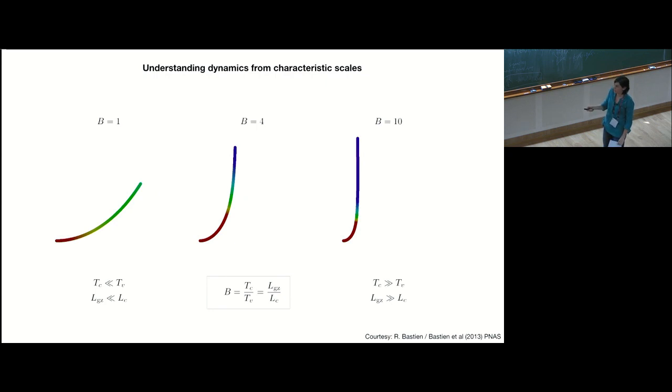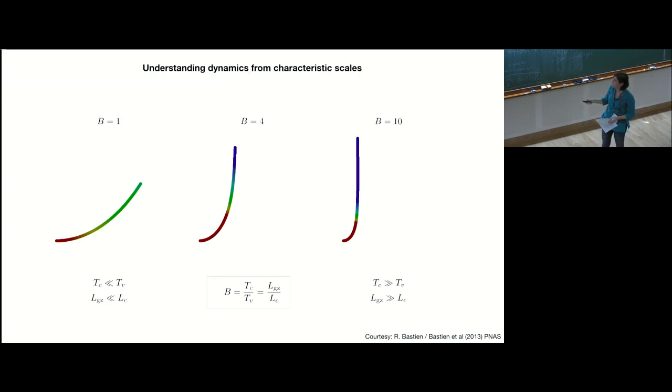Or I can look at the length scales, right? This tells me that in this case, the growth zone is smaller than the convergence length, okay? The convergence length tells me how long a part of the organ I need in order to fit my curvature. So this curvature is supposed to continue up here, but the growth zone is too short to show it, and therefore it doesn't reach the vertical.